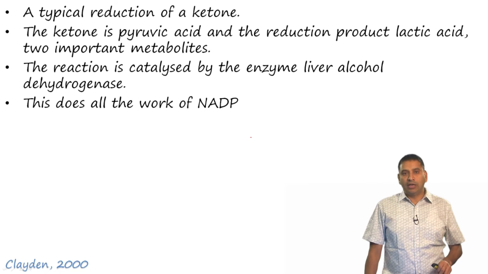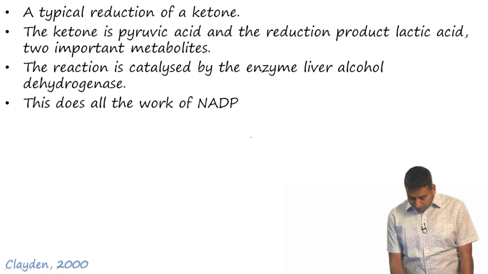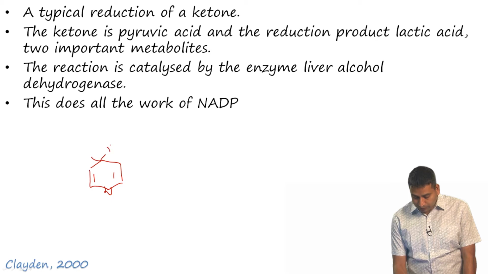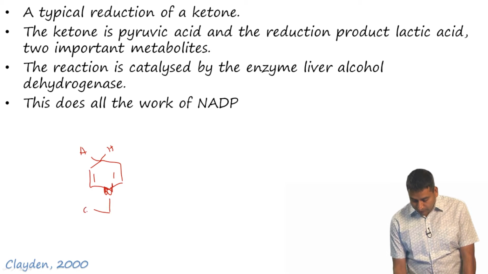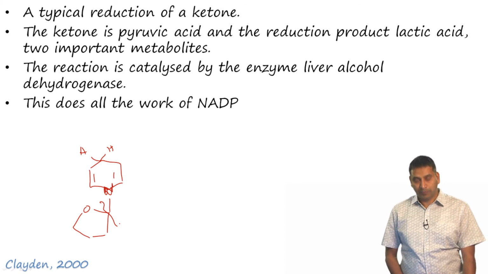So, let us look at a typical reduction of a ketone, and the ketone that we are going to look at is, let us draw NADP once again. Here is the reduced form, it has 2 hydrogens over here, nitrogen is here, here is the sugar, right, and the bottom part of the molecule is important, but we are not going to consider it for the mechanism.